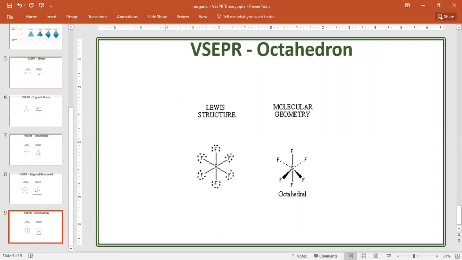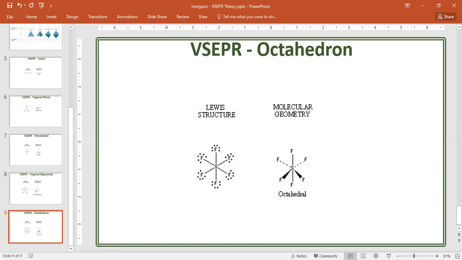And next, octahedral. There are 6 places on the central atom in SF6 where valence electrons can be found. The repulsion between these electrons can be minimized by distributing them toward the corners of an octahedron. The term octahedron literally means 8 sides, but it is the 6 corners or vertices that interest us.